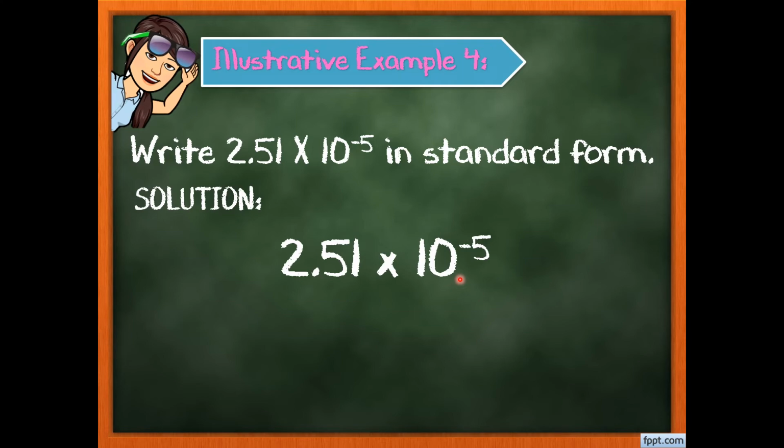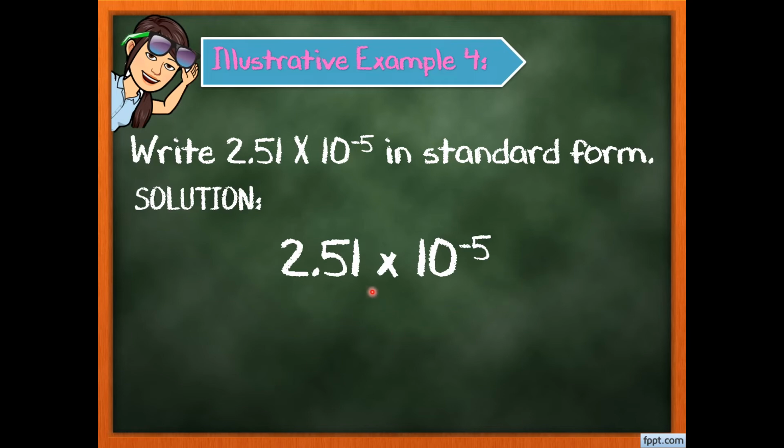So it means that our number is less than 1, or the given number is in decimal form. Since we have one place here at the left of the decimal point, we will subtract it from 5. So you will add 4 zeros.